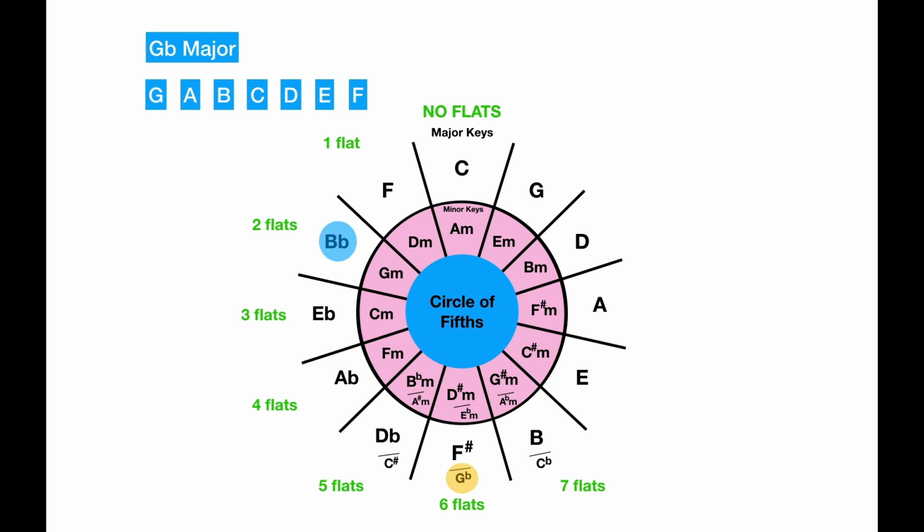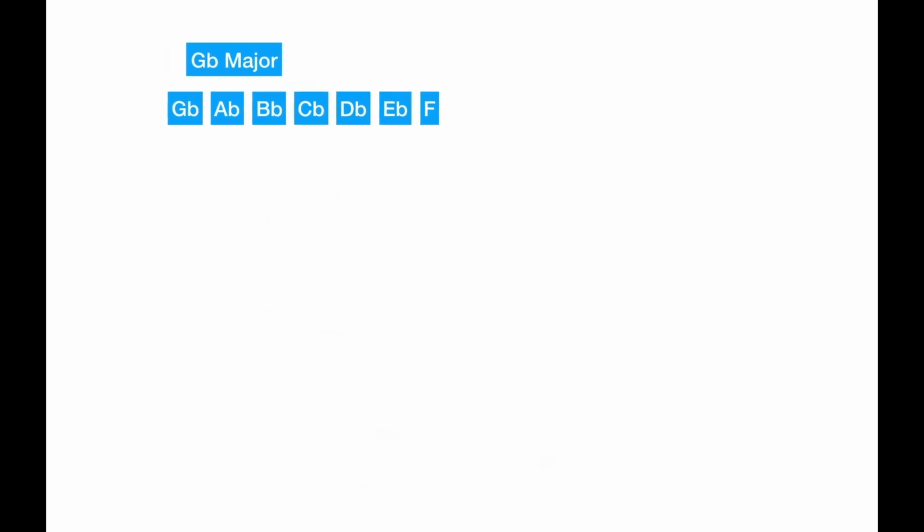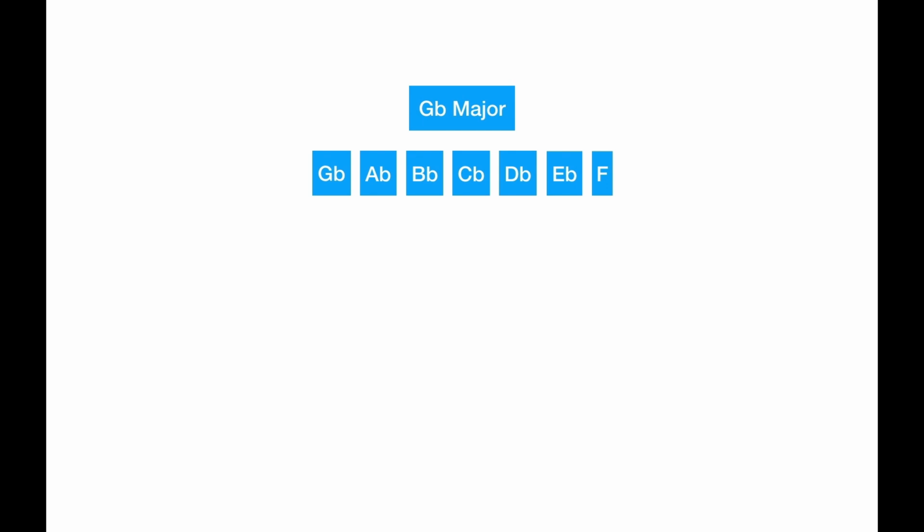Well, we know that the order of flats starts from B flat and works its way anti-clockwise around the circle. We need the first 6, so those 6 flats will be B flat, E flat, A flat, D flat, G flat and C flat. So the 7 notes of this scale are G flat, A flat, B flat, C flat, D flat, E flat and F.